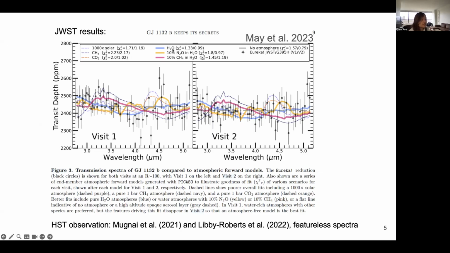The first visit prefers a water-dominated atmosphere or a stellar contamination model with unaccounted spots. But the second visit prefers an atmosphere-free model. And besides JWST, there were also HST observations done on this target, and their transmission spectra are also featureless.